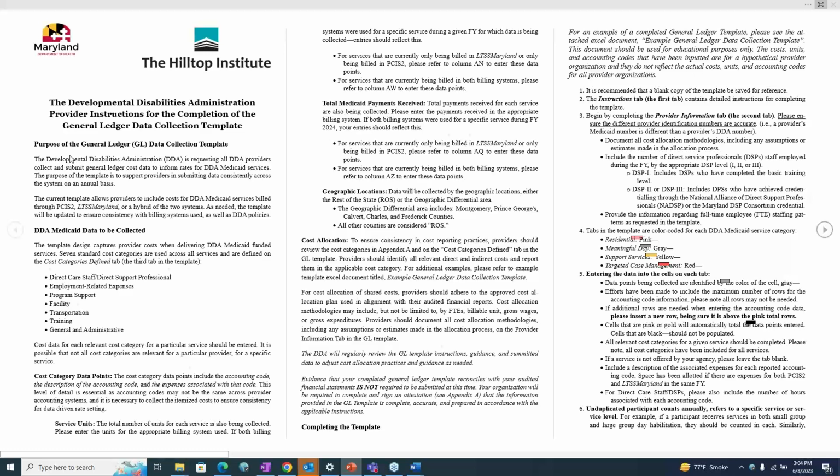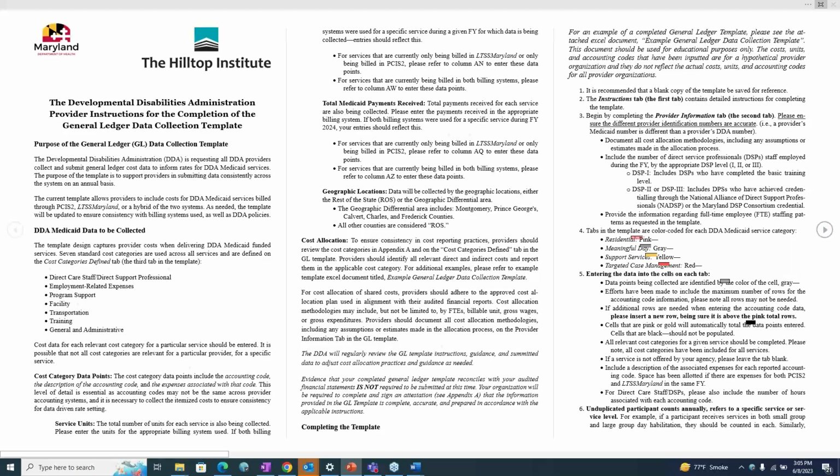So again, the data we're planning on collecting is for fiscal year 24, which means we're hoping you can start collecting the data on July 1st, 2023. Details for how to submit the template will be sent out by DDA after the close of the fiscal year.